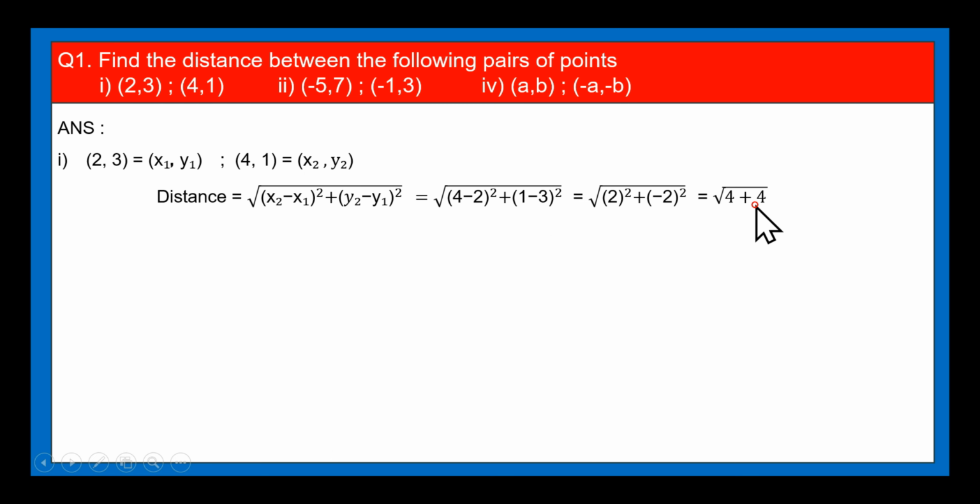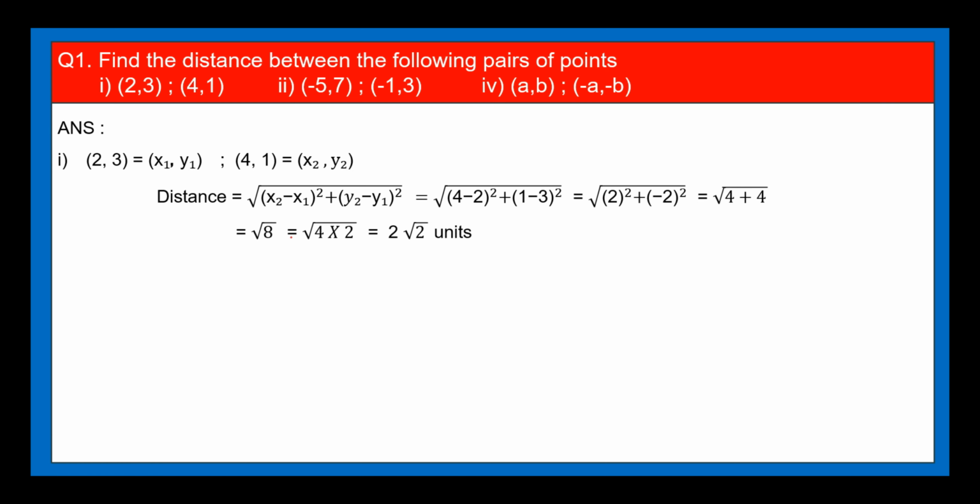Therefore, root over 4 plus 4 is root 8, and let us write this root 8 as the product of 4 into 2. 4 2's are 8. Therefore, this is root over 4 into 2. That is root 4 into root 2. Root 4 value is 2 and this is root 2. Therefore, the distance between the points (2, 3) and (4, 1) is equal to 2 root 2 units.